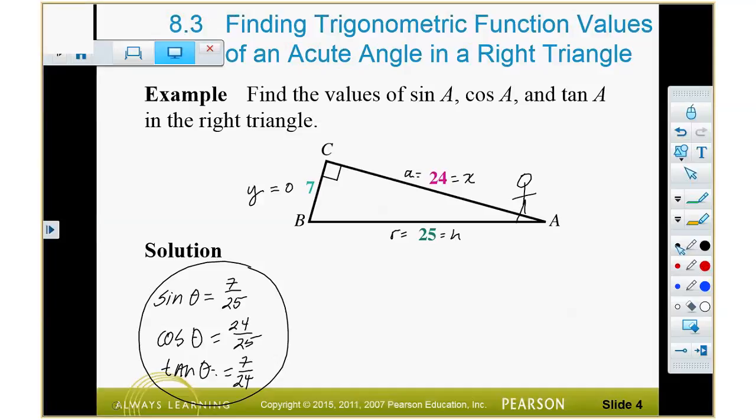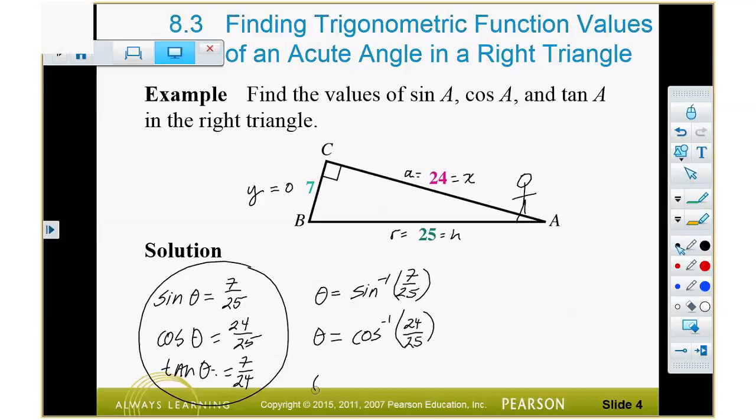Now, if you want to find that angle, divide by the sine, then theta is equal to the inverse sine of 7 over 25. Theta is equal to the inverse cosine of 24 over 25.